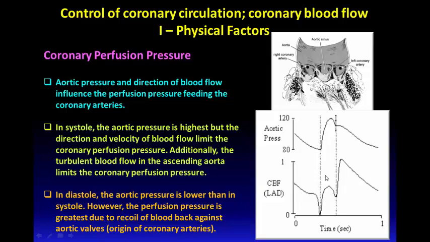Now, as ejection of blood begins from the left ventricle into the aorta, the aortic pressure reaches a maximal level of 120 millimeters of mercury during the rapid ejection phase, and then decreases a bit during the slowed ejection phase before the left ventricle finishes its systole.